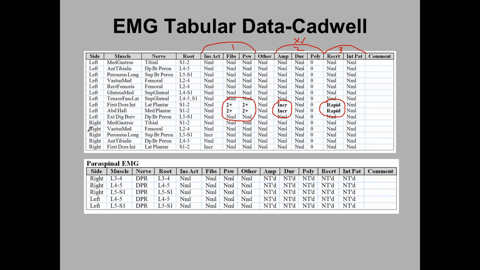Remaining muscles from the bilateral lower extremities, representing the L2 to S2 myotomes, including the paraspinal levels, demonstrate normal resting activity, motor unit morphology, and recruitment. 1, 2, 3.